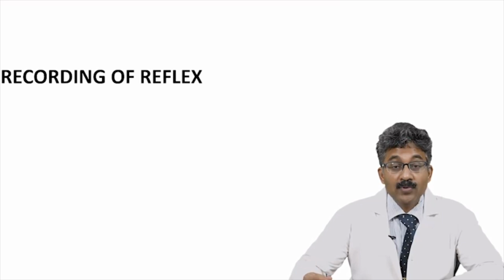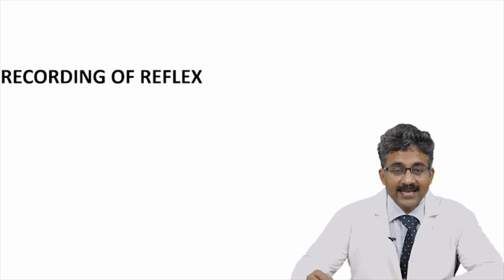Okay. So before examining the reflexes, I just want to tell the grades of reflexes. Grade 0 is absent, grade 1 is present. Grade 1 is like getting a normal ankle reflex, that is +1. Grade 2 is a normal knee reflex, a brisk reflex, that is +2.